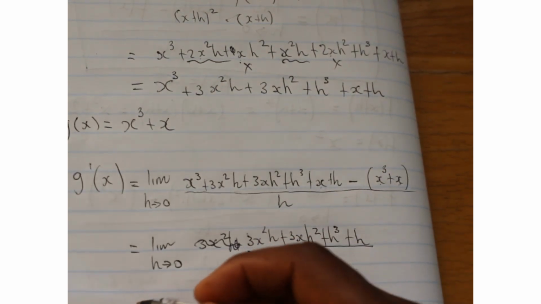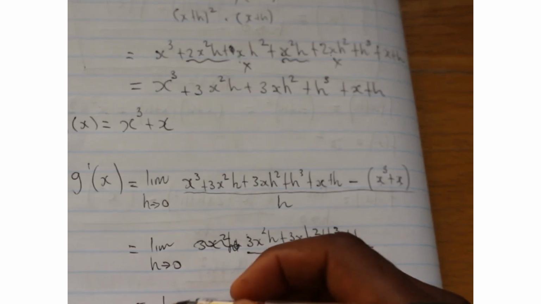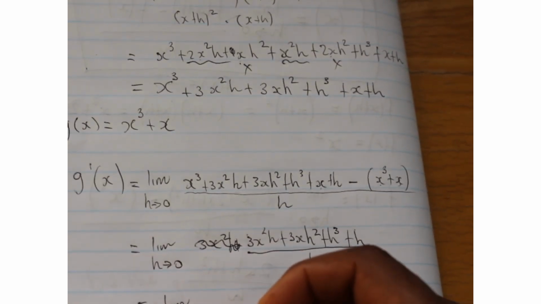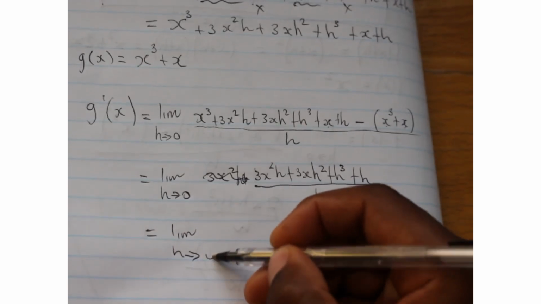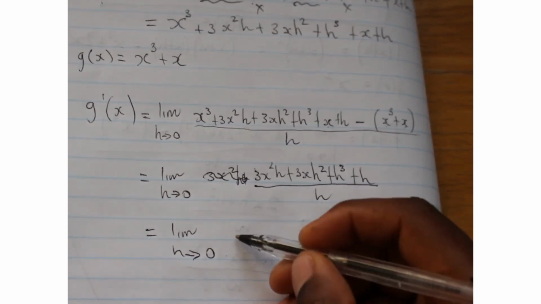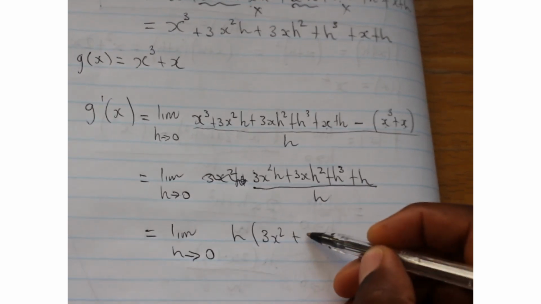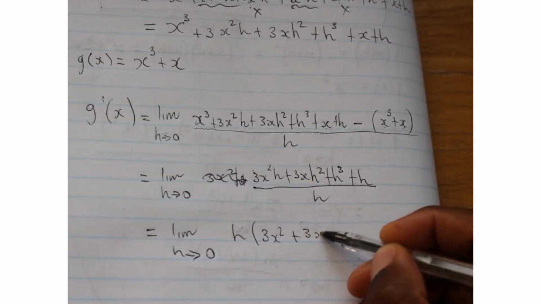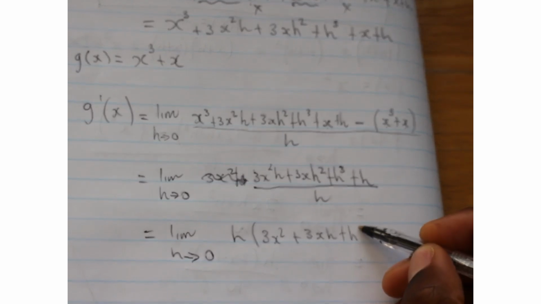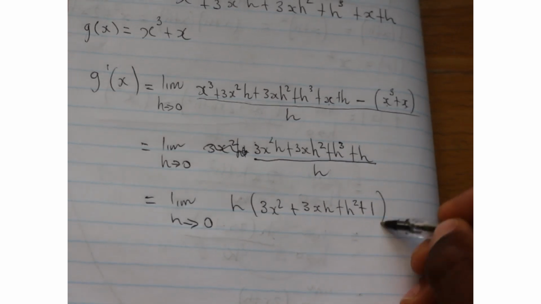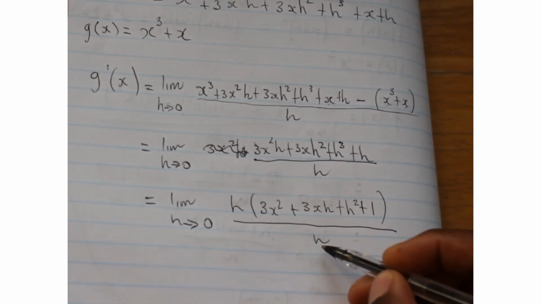So let's go right ahead and factorize. So the limit when h approaches 0 of, we take out the h. So with h out, you will see that now we're left with 3x squared plus 3xh plus h squared plus 1, and then we divide everything by the h. So this h and that h, they cancel.